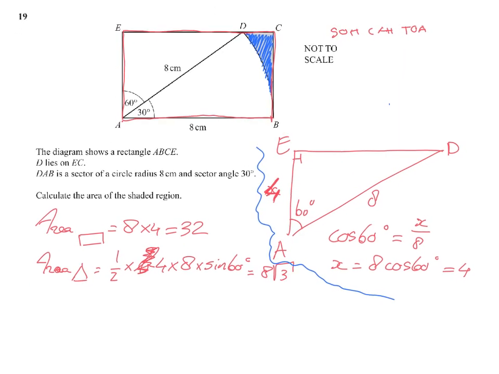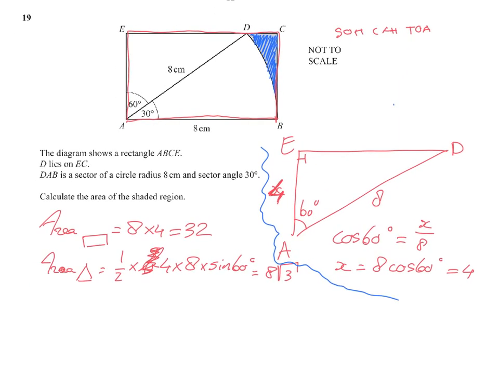Now the sector area. If I scroll down slightly, okay, there we go. So the area of the sector. How do you find that? Well, you always do the sector angle over 360. That's the fraction, the part of the circle you're interested in. 30 out of 360 degrees. And what is the area of a circle in general?